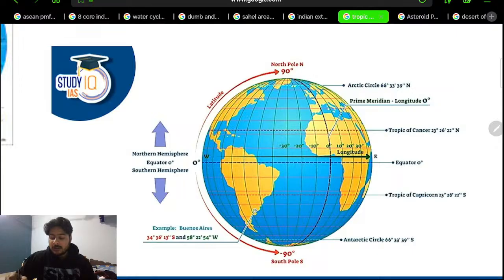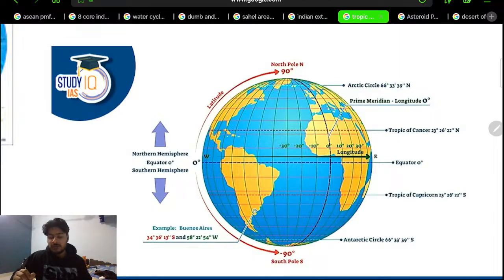Clear? Now, the line which passes 23 and a half degrees above the equator is known as the Tropic of Cancer. And the line which passes 23 and a half degrees below the equator is known as the Tropic of Capricorn. Okay? This is known as the equator.